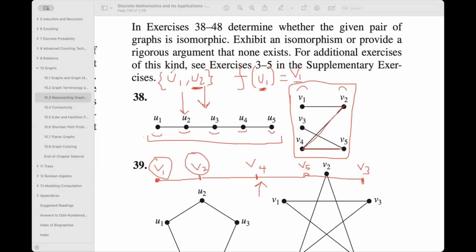So if U1 gives me V1, then U2, when I put that in, should give me V2. This is because U2 is the endpoint of this edge, and I want V2 to also be the vertex adjacent to V1, because U2 is adjacent to U1.